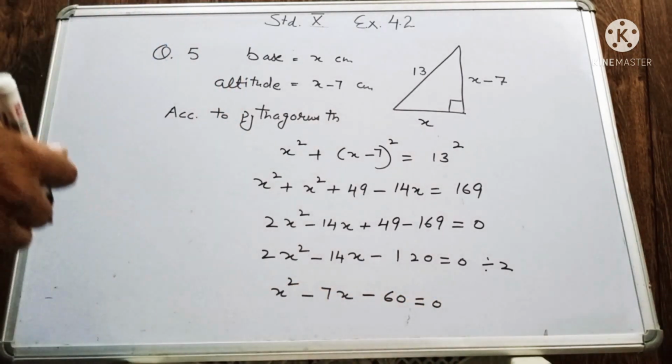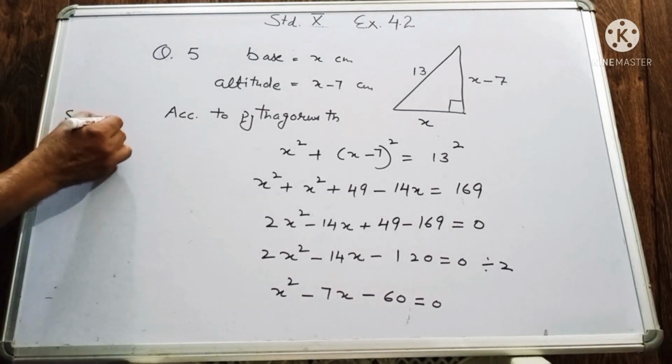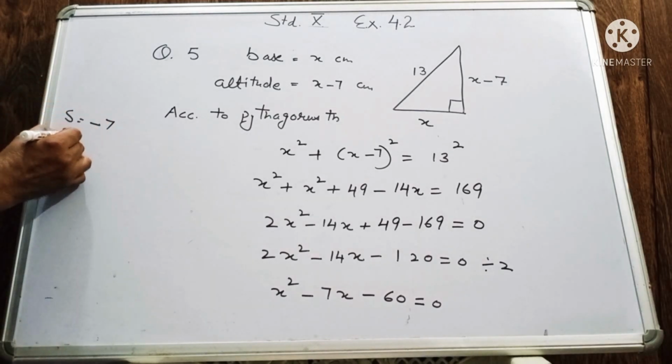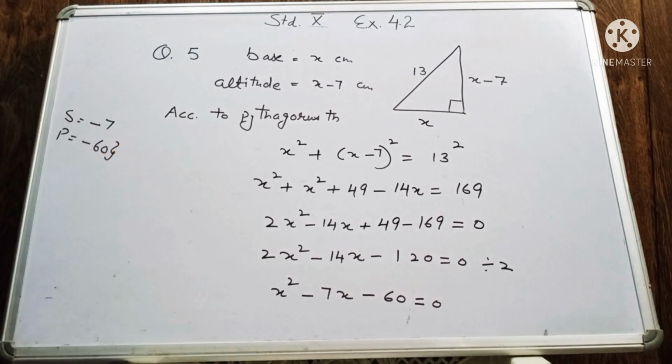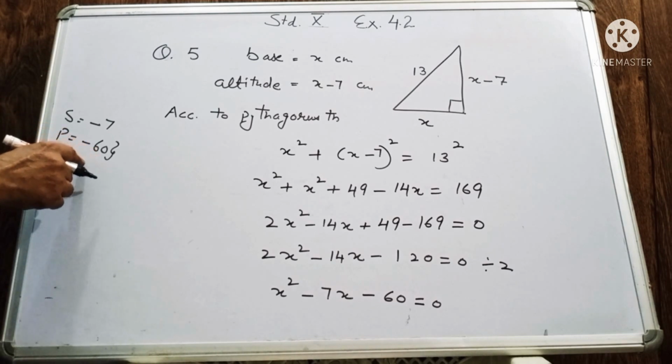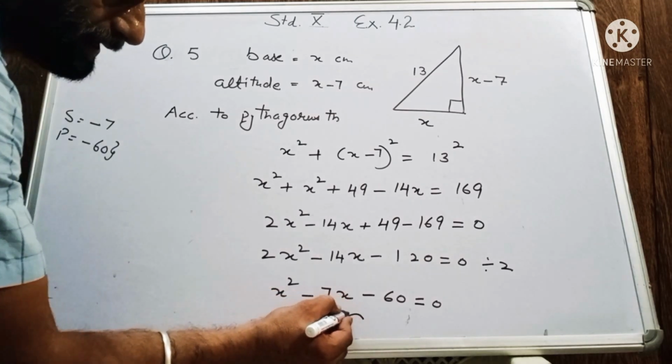Now sum needed is minus 7. Product needed is minus 60. To find the numbers, we will write the factors of 60. Clearly, the numbers will be minus 12 and plus 5. We will split the middle term.